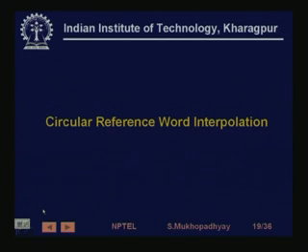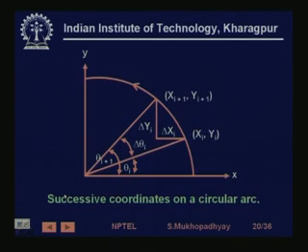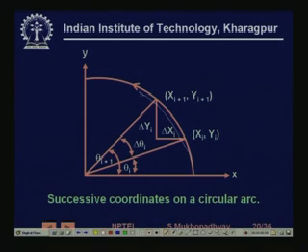Now, we come to a circular interpolation case. What do we want to do? We want to move along this circle. Suppose at some angle theta i we are in this position, and after an angle delta theta i we want to be in this position.